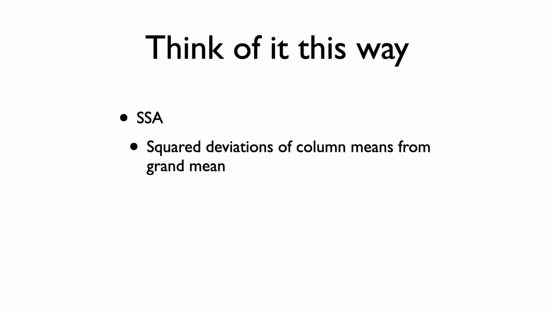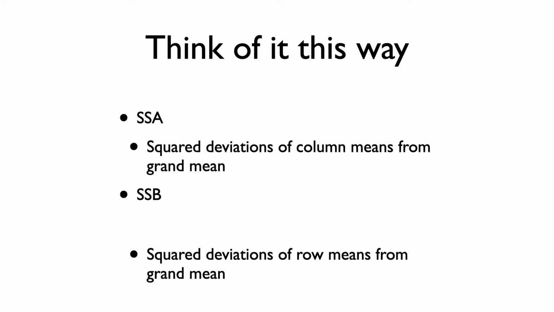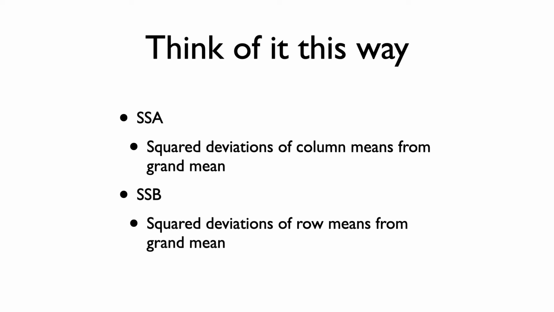They're like sum of squares treatment, except this time we have two treatments. So for the sum of squares for B, we could call them the row means or the column means. If we've got A along the top, those are the column means, and B along the side, those are row means. So we know the row means and how they deviate from the total, and the column means and how they deviate from the total.